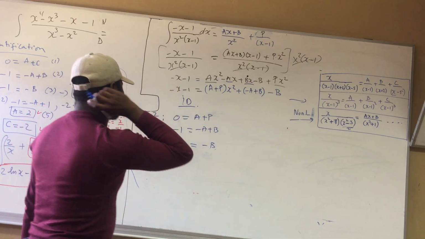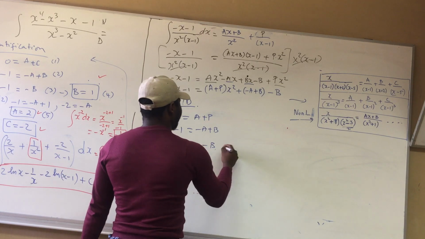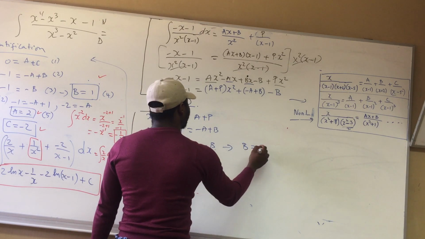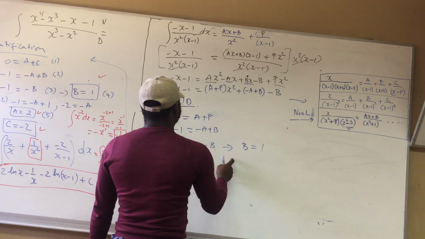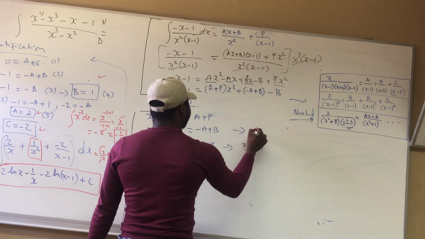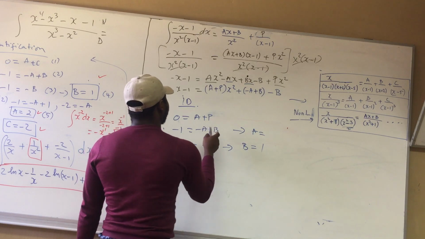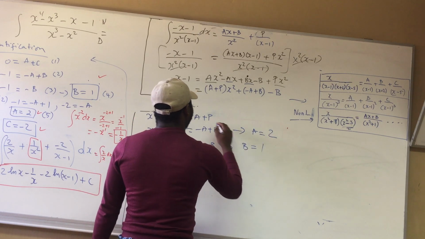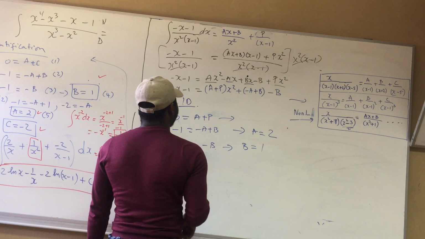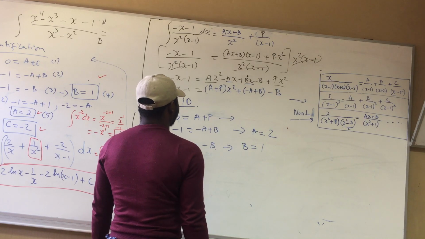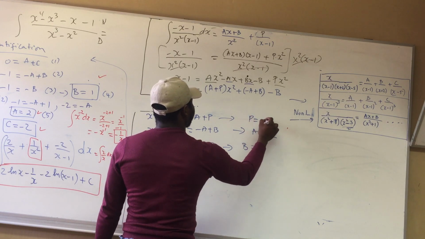Basically, I'm having the same thing. So here I'm having B equal to 1. Here A will be equal to 2. And here P will be equal to -2.